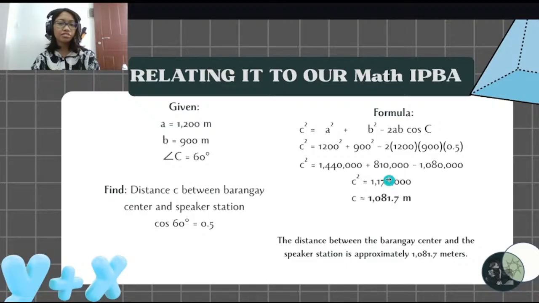Simplify again. C squared equals 1,170,000.